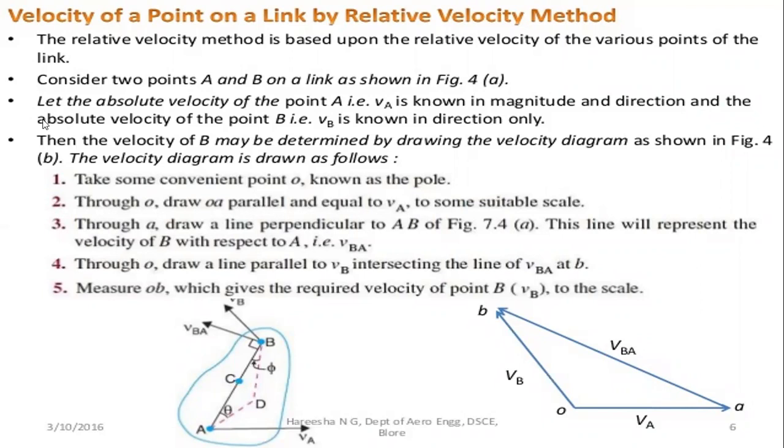Let the absolute velocity of the point A, that is VA, be known in both magnitude and direction, while the absolute velocity of the point B, VB, is known in direction only.